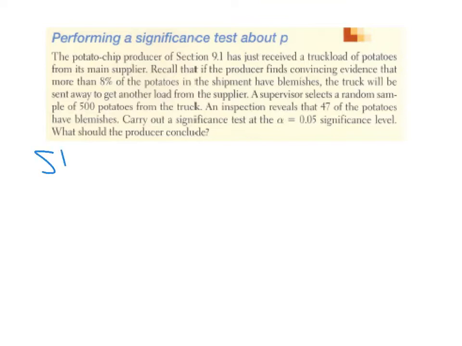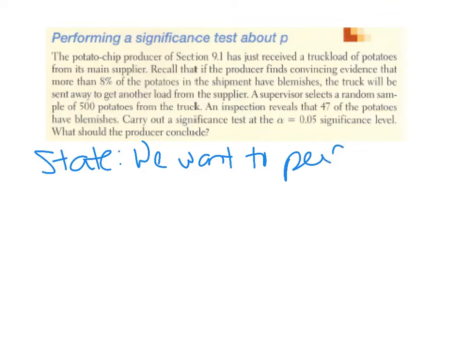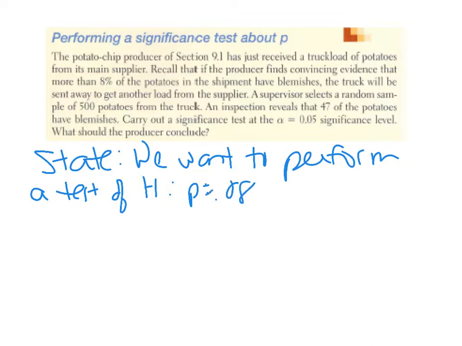Okay, so the first step is the state part. What do we want to do? We want to perform a test. So we're going to set up that null hypothesis and that alternative hypothesis. So we want to perform a test of the null hypothesis being p equals 0.08, the alternative hypothesis being p is greater than 0.08.